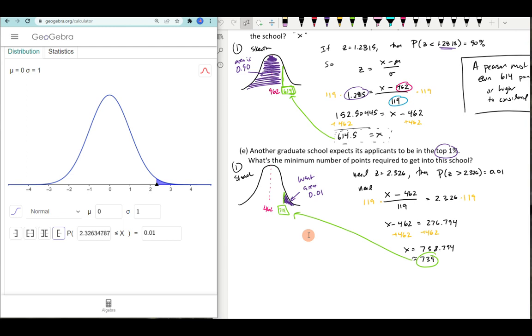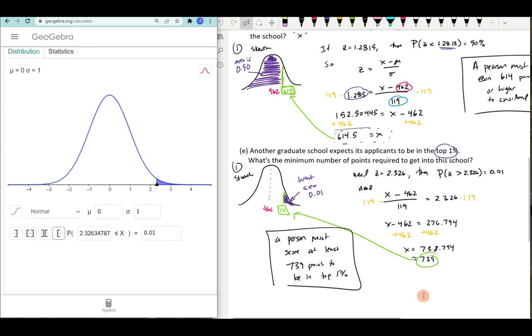This is telling me that ultimately a person needs to score at least a 739 to be in the top 1%. Which is the requirement, or at least what was expected for this graduate school.